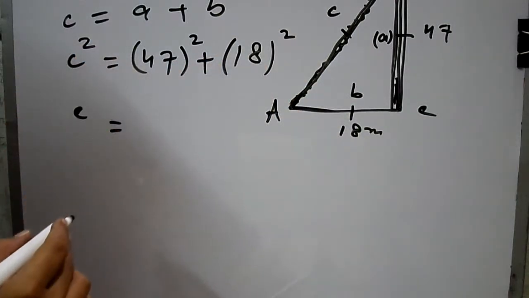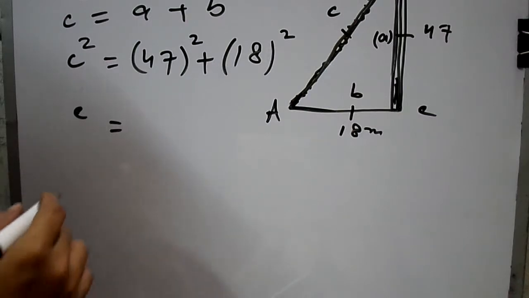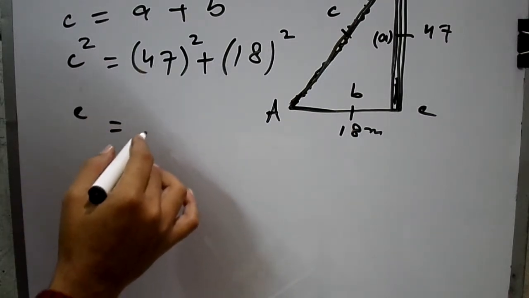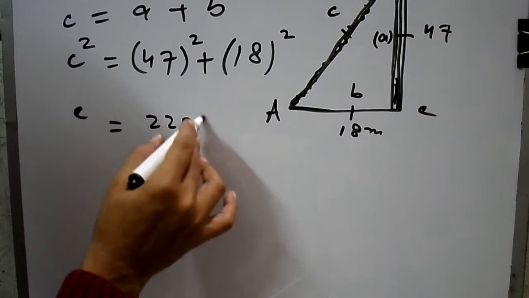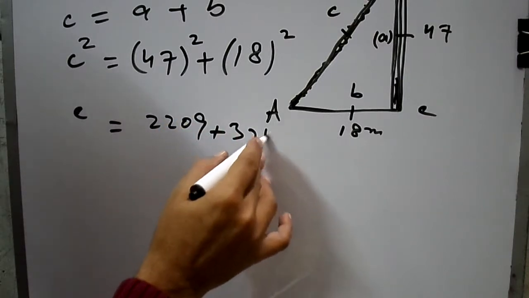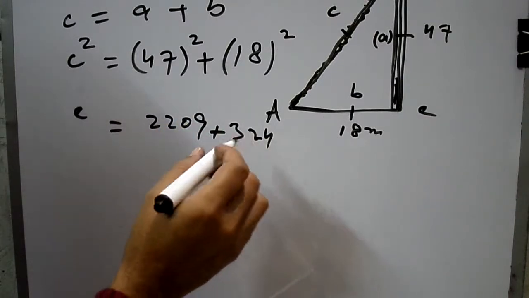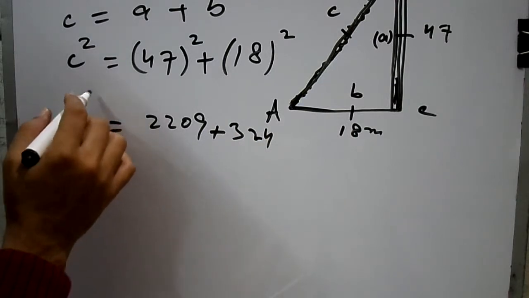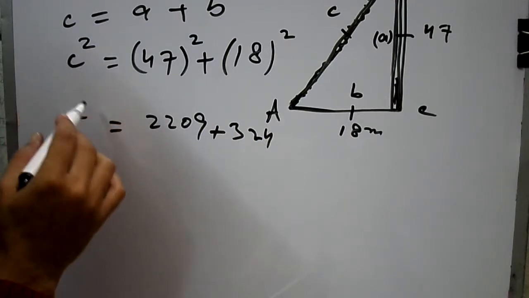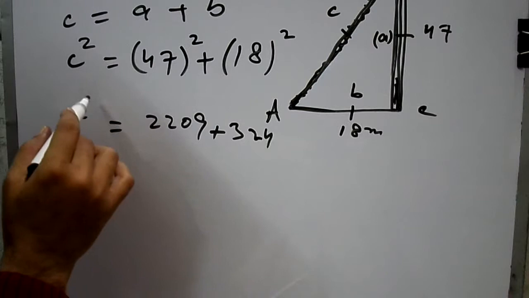By using calculator you will get 2209 plus 324, and this is your value of c square.